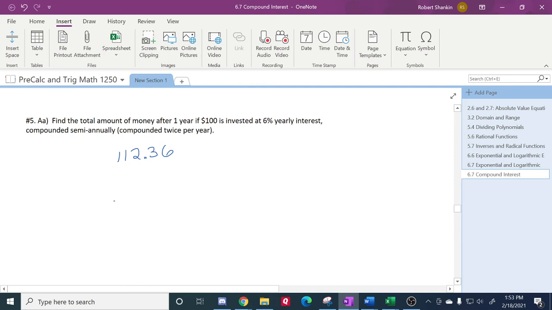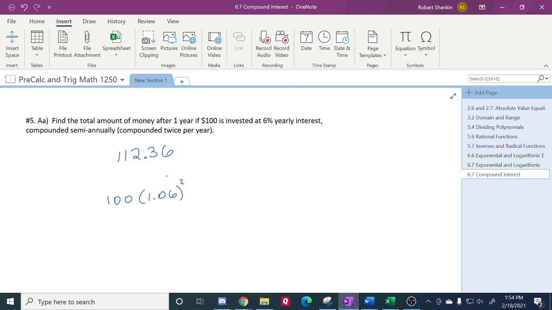Yeah, so we did 100 times 1.06 to the second power because we're multiplying 1 year by 2 semi-annual compounded things. Gotcha. Great. And this is Annika, right? Yes. Okay. All right.